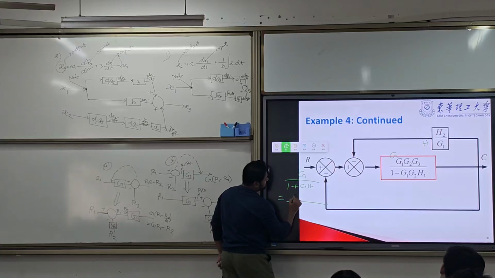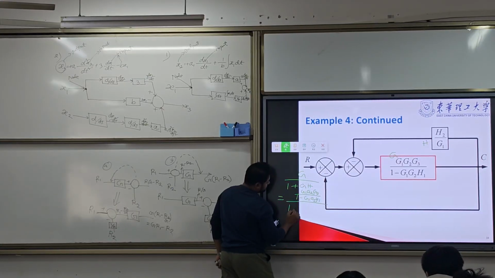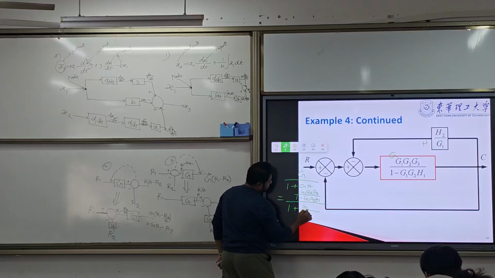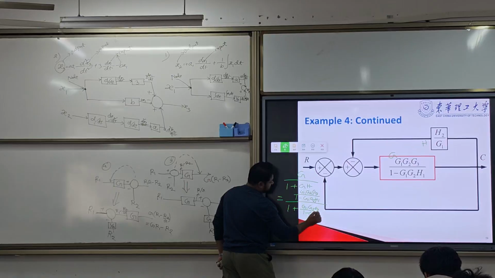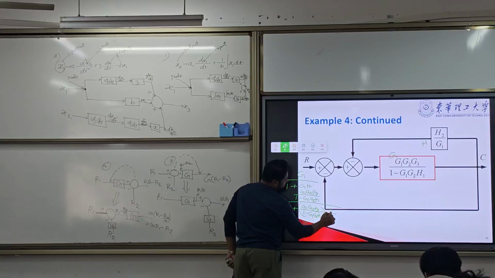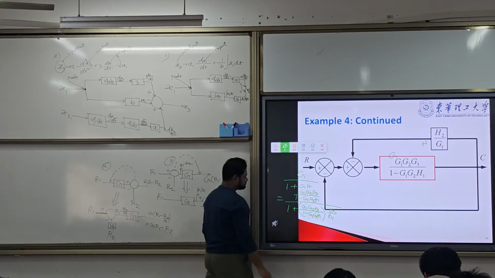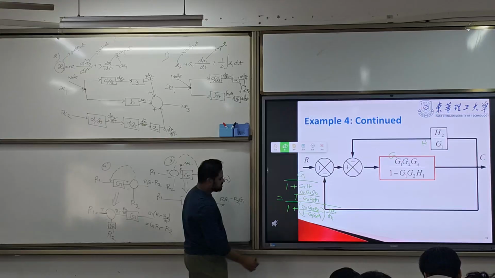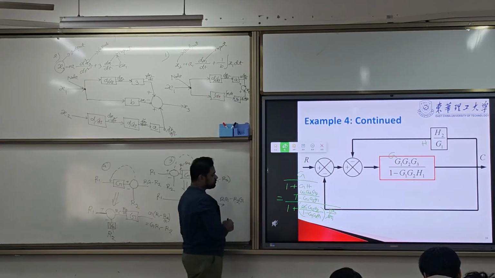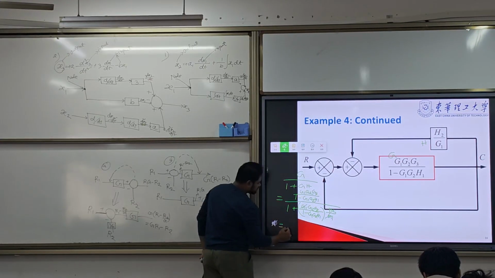So here we have G, G1, G2, G3. 1 minus G1, G2 is 1. 1 plus here G1, G2, G3 divided by 1 minus G1, G2, H1 into H we have H2 by G1. So here this G1 will be gone. So now you can solve that again.